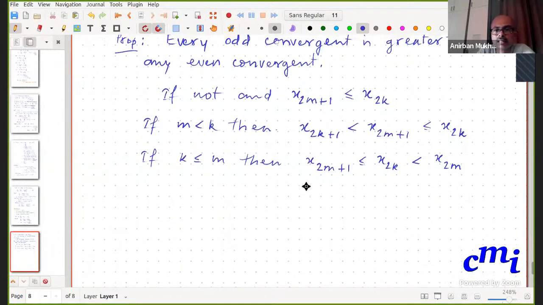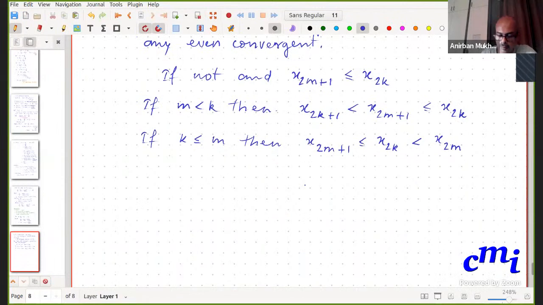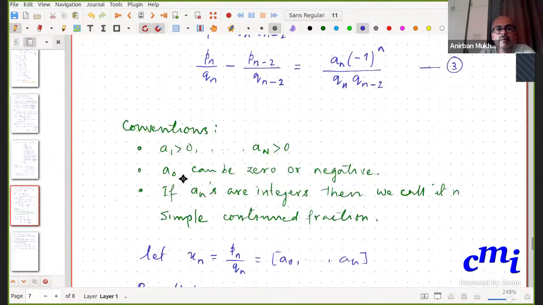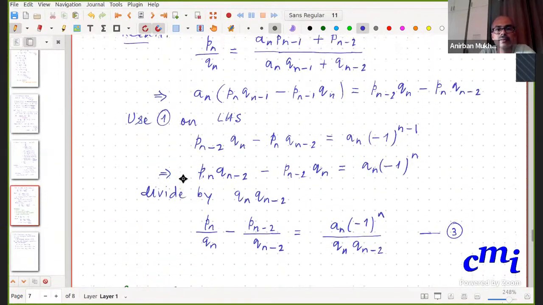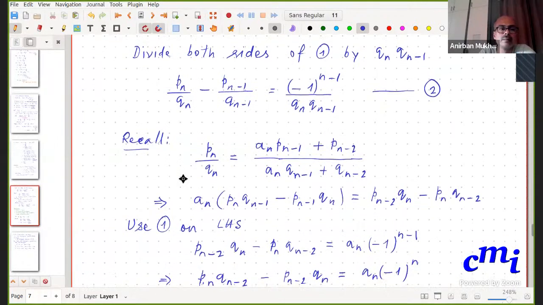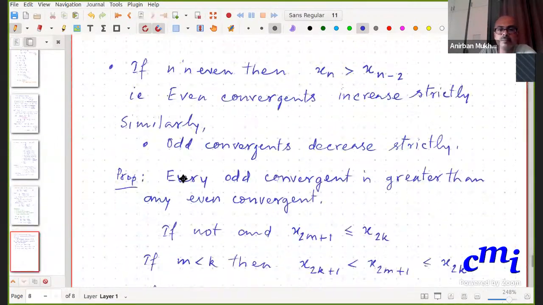But this is a contradiction. Why is this a contradiction? Because of the first relation that we have. This is what we had last time. So let me write that.